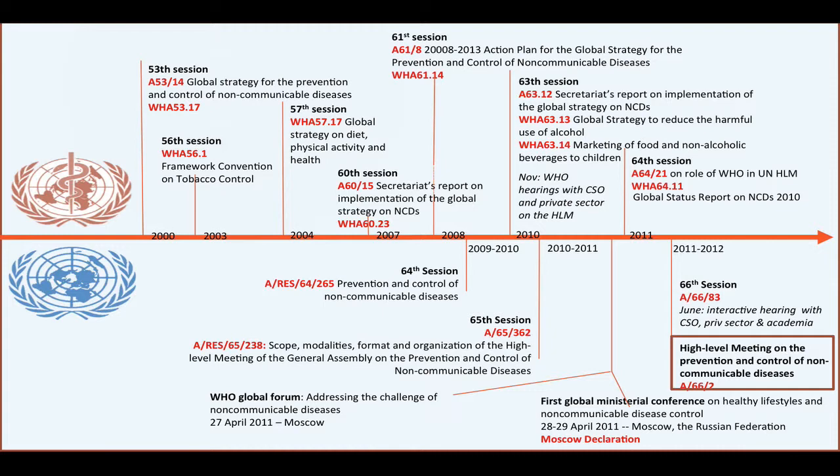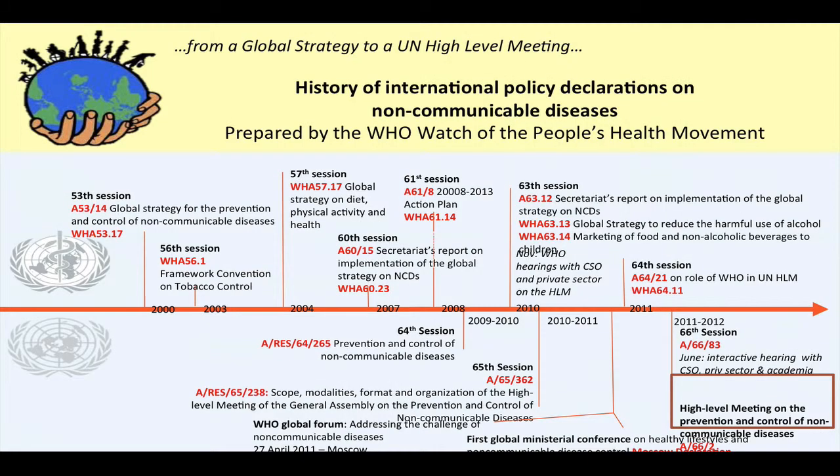So here you get a nice overview, and if you want to dive into the details, I recommend you go to the source of this slide and the presentation, which I have from my colleagues at the People's Health Movement, in particular from their section called WHO Watch, a very interesting source of information you should consider.